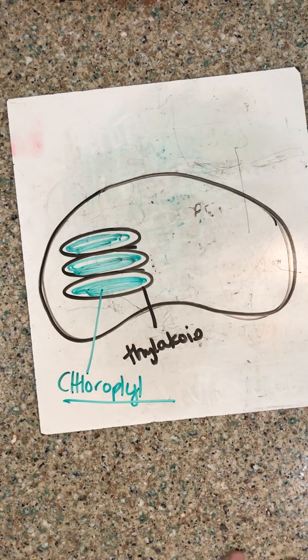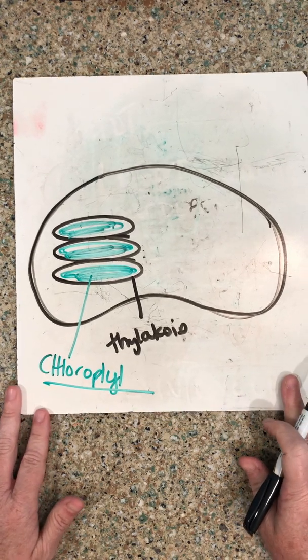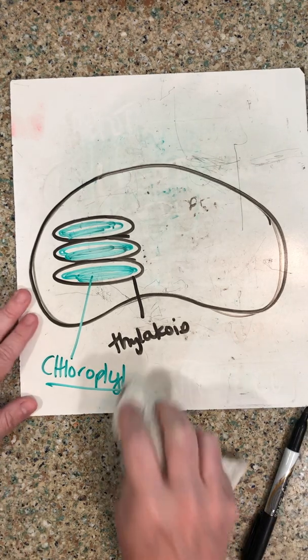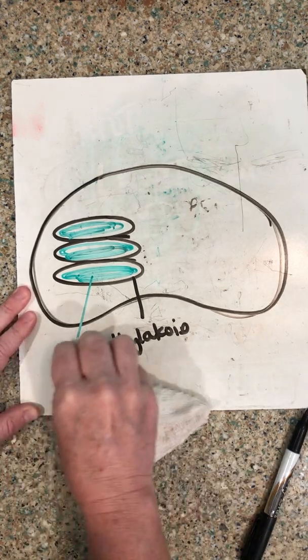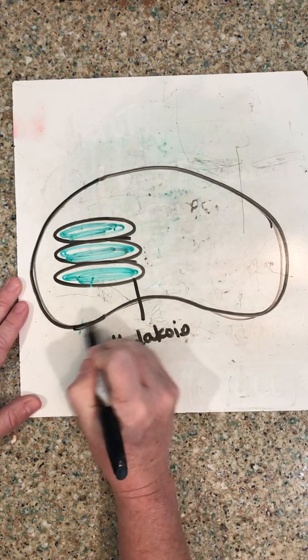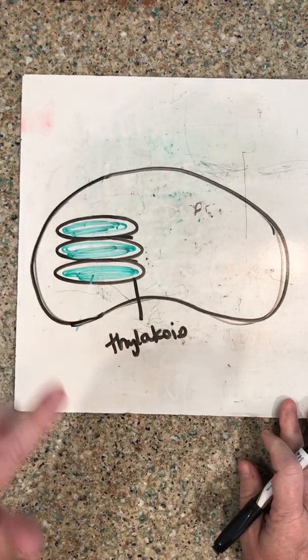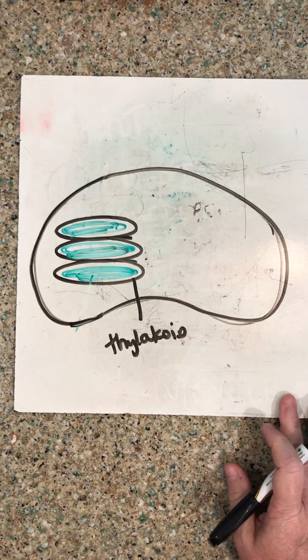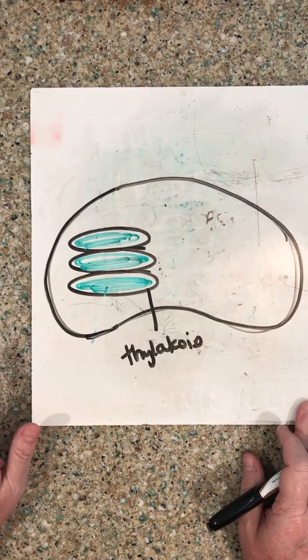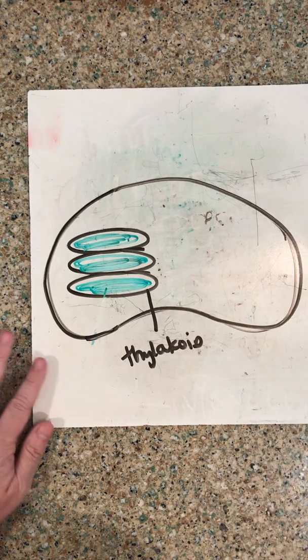Chlorophyll sounds like chlorine, and the actual element chlorine is a gas, and it happens to be green. Now we think of chlorine in swimming pools making them white, but the chlorine in swimming pools is actually a compound. So your thylakoid is full of chlorophyll, and chlorophyll is a pigment, and a pigment's job is to absorb light.